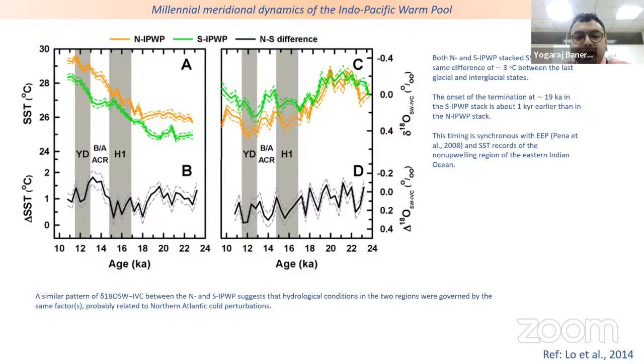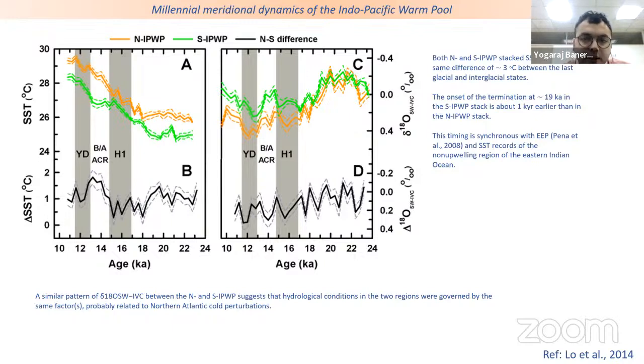And this timing of the onset of the termination at the southern part is coeval, or synchronous, with the Eastern Equatorial Pacific region, as shown in the Pena et al. 2008 paper, and it indicates that this particular record from the southern part is not affected by the upwelling.